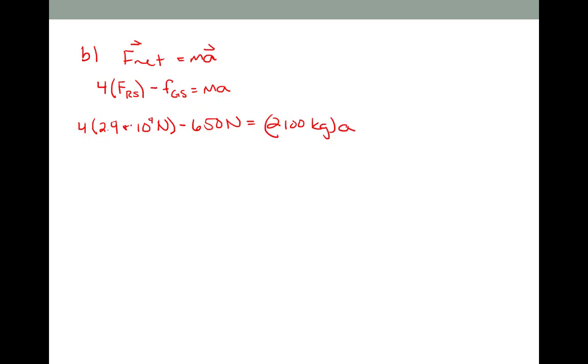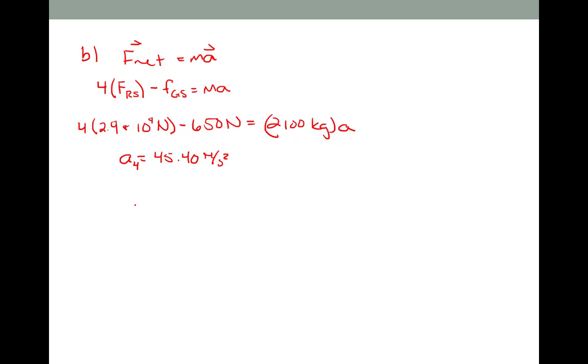If I multiply this out, subtract the 650 and divide by 2,100, I get an acceleration in this case of 45.40 meters per second squared. I'm going to subscript this with a little 4 because it's for what happens when I have all 4 thrusters burning.